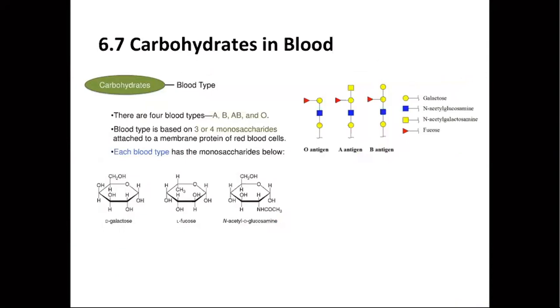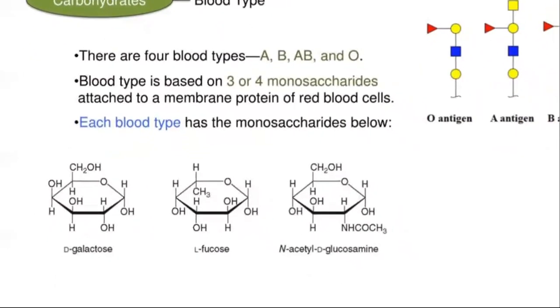And understand that blood types are based, as you can see, on 3 to 4 monosaccharides that are attached specifically in the outside of the red blood cell. Each blood type has the following monosaccharides: D-galactose, L-fucose, and then N-acetyl D-glucosamine. That's just the names for them.